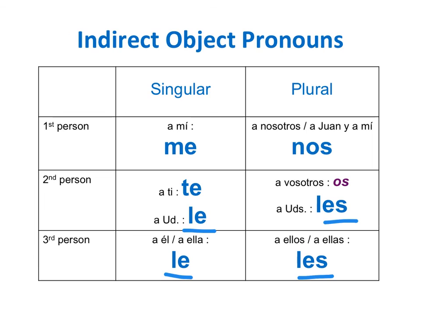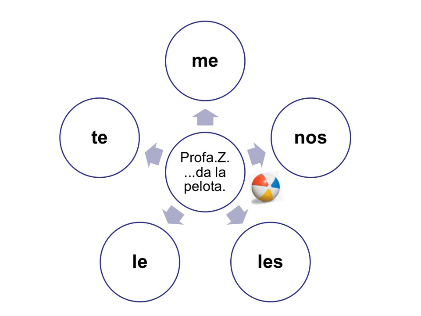That's the person who got the shorts, or got the belt, or got the tennis shoes, for example. But for the belt, the tennis shoes, the t-shirt, all of that, we would use lo, la, los, and las, because those are direct object pronouns. Le and les are indirect object pronouns. ¿Comprenden? Semejantes pero diferentes.